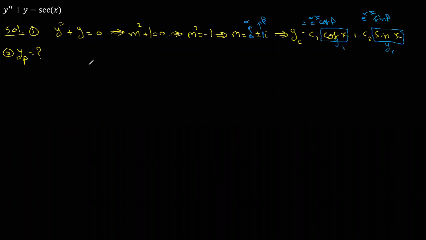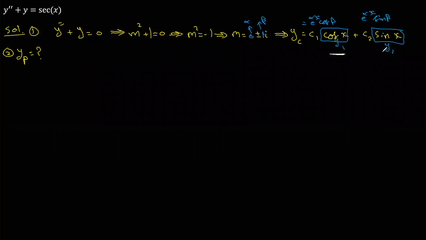My question now: can anyone remember the steps of the reduction of order? It's very easy. No one remembers? Yes, David. Shouldn't we have y1 to use it?